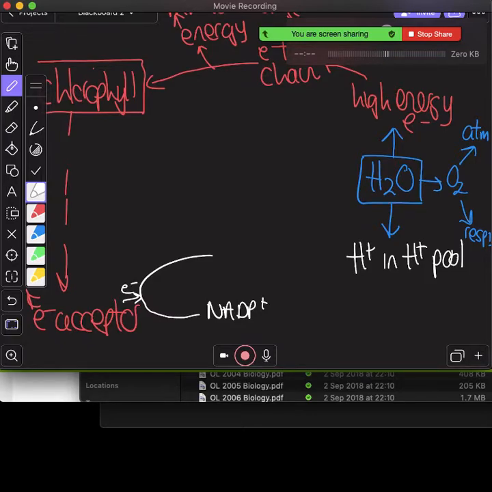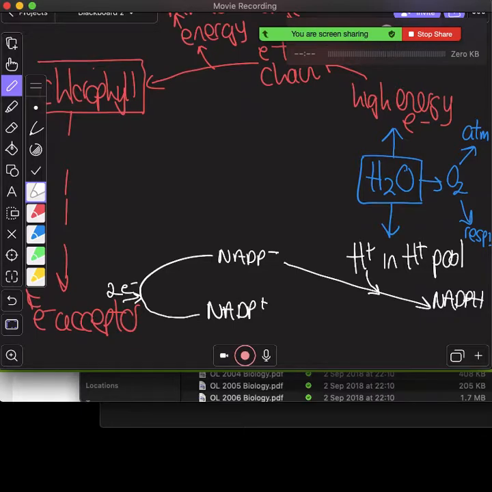It technically adds 2 electrons. You don't need to know it, it'll be enough to know it'll add 2 electrons, but if I add 2 electrons, I make NADP minus, and that is going to combine with some protons here, and it's going to make us NADPH for the dark stage.